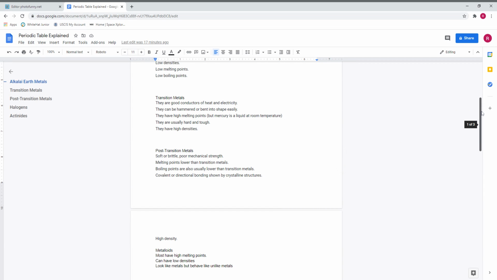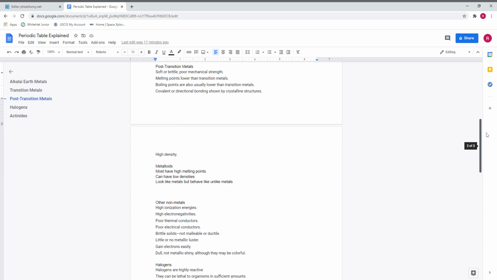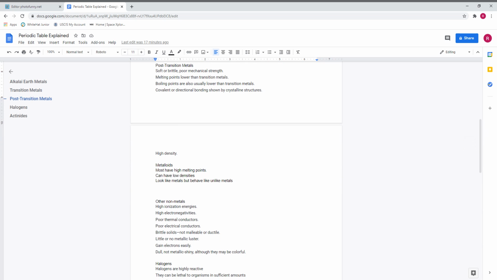They have high ionization energies, they have high electronegativities, they are poor thermal conductors, poor electrical conductors, brittle solids, not malleable or ductile, little or no metallic luster, gain electrons easily, and they are dull, non-metallic, although they may be colorful.